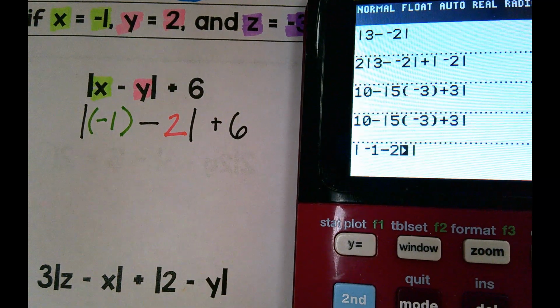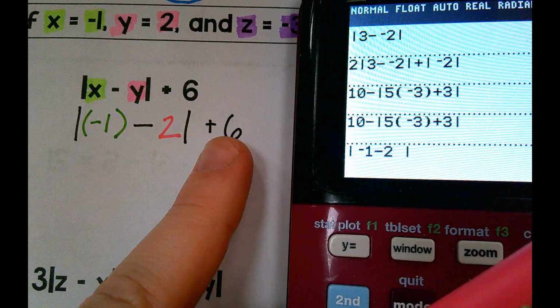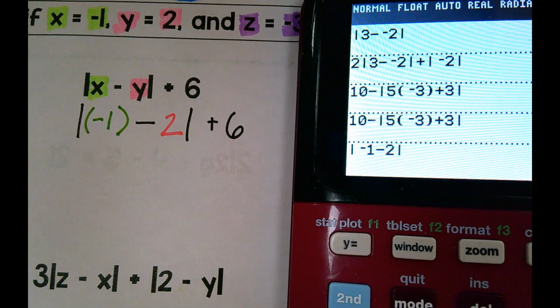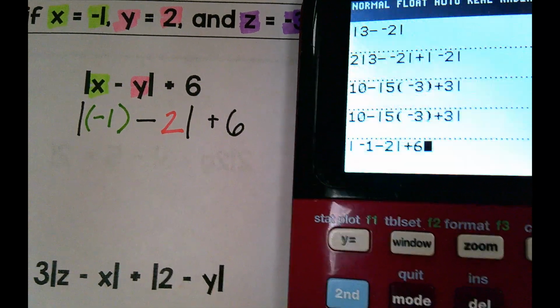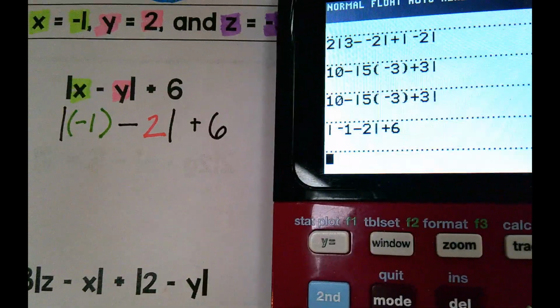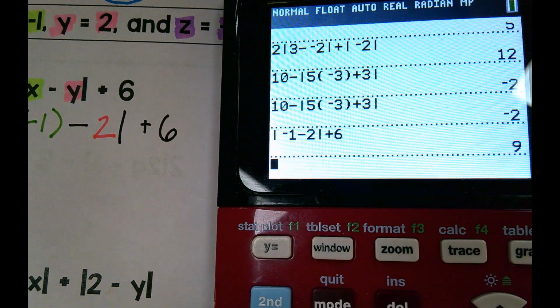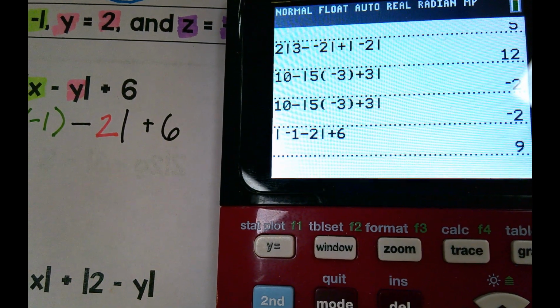Now don't forget to arrow out of the absolute value bars to put the +6. Arrow over, now +6. Enter. I got 9. You guys getting the same thing?